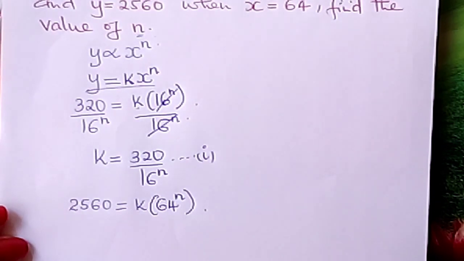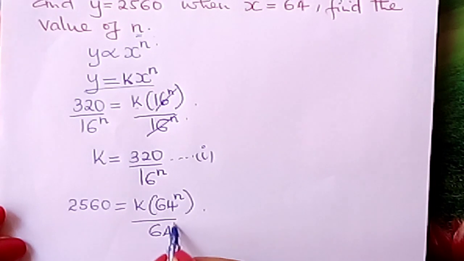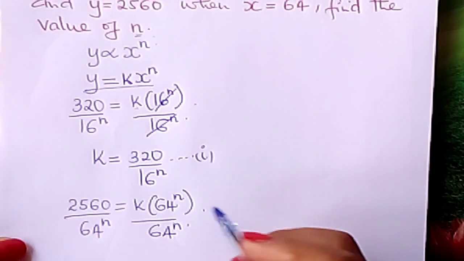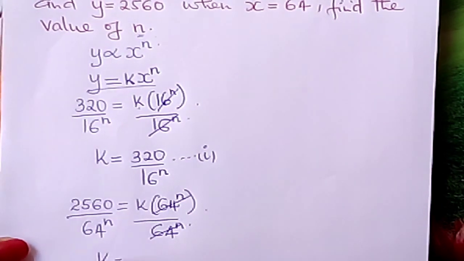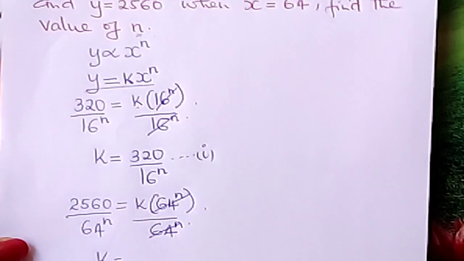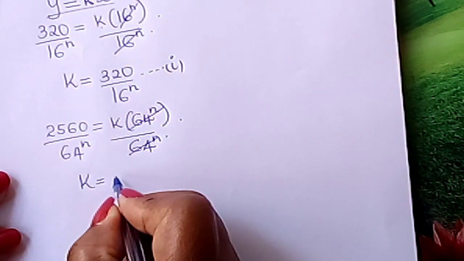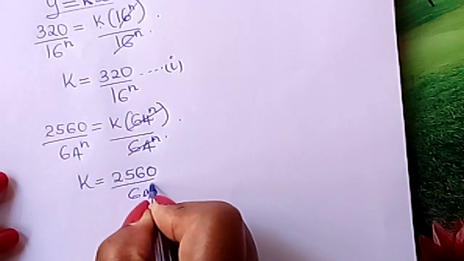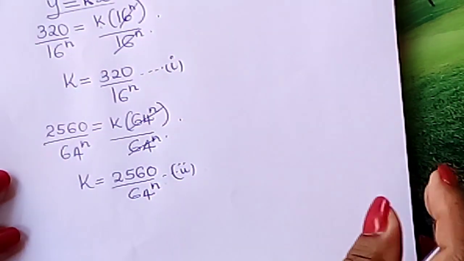Again, make k the subject of the formula. Divide by 64 raised to n. This cancels out, and therefore our k is equal to 2560 divided by 64 raised to n. Call this equation Roman 2.